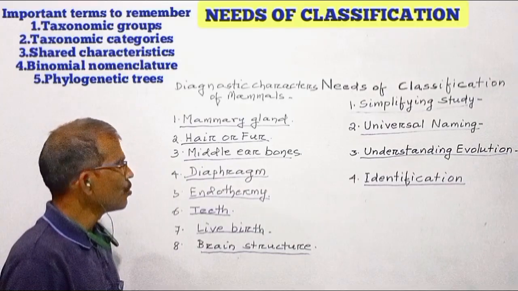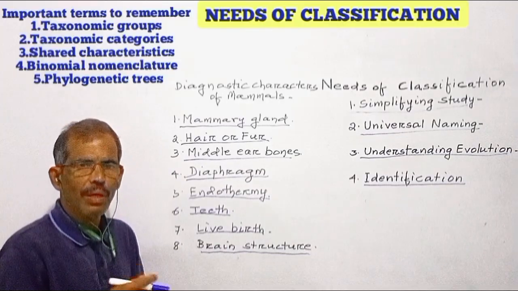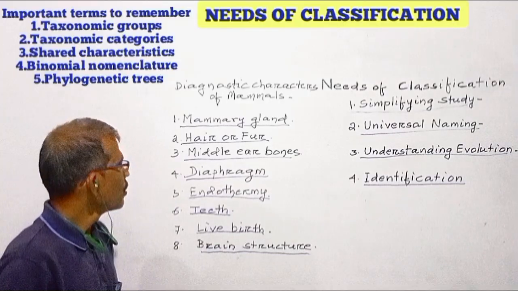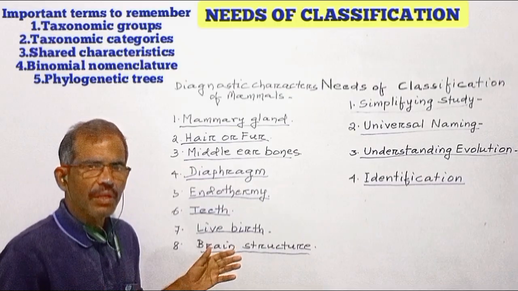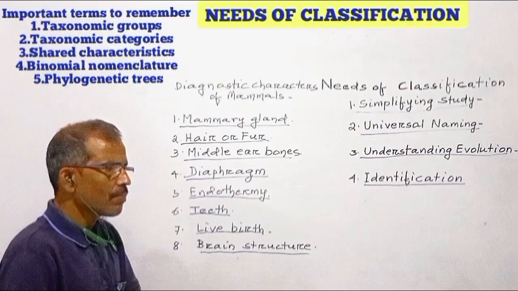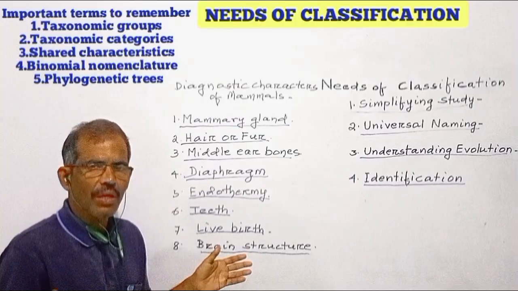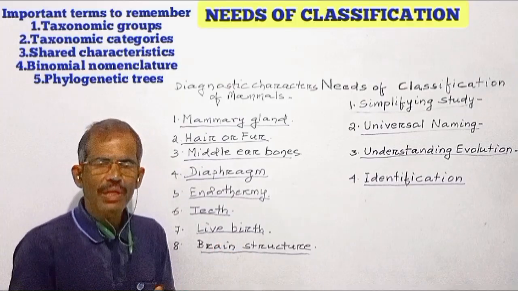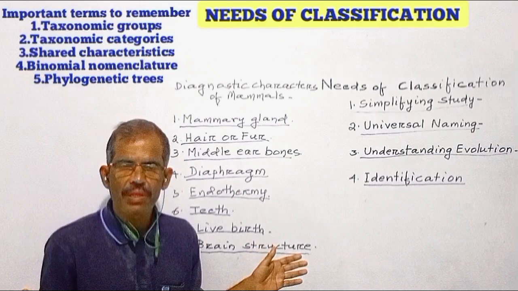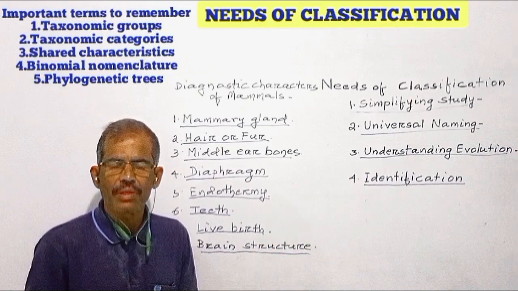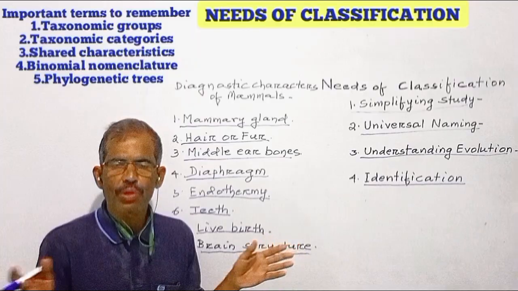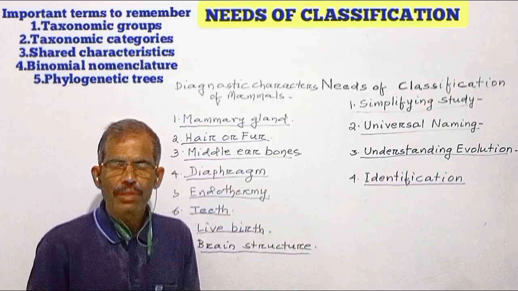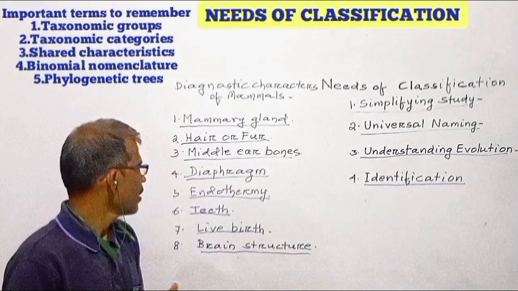Number two, hair or fur on the body surface. Number three, all mammals have 3 middle ear bones. And number four, there is a muscular diaphragm which separates the thoracic cavity from the abdominal cavity. The diaphragm helps the lungs to contract or expand during respiration.